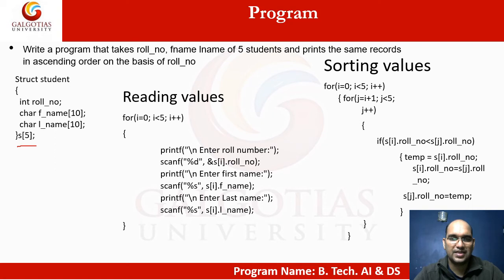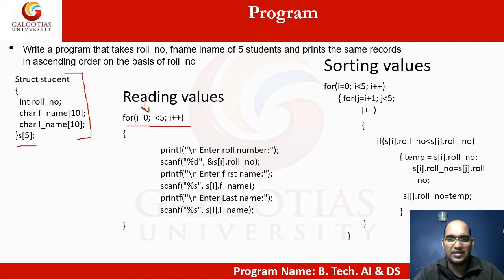So it means s can hold 5 similar structure values, that is at index 0 to 4. So how can we read the values? We are using a for loop here in which the index will go from 0 to 4, right? And then printf: enter the roll number. In the starting, the value of i will be 0, right?